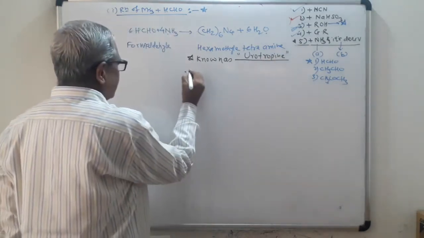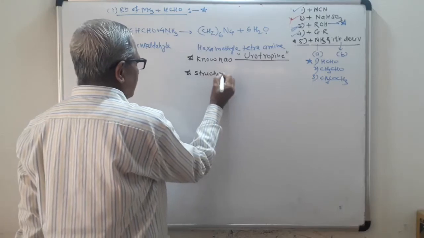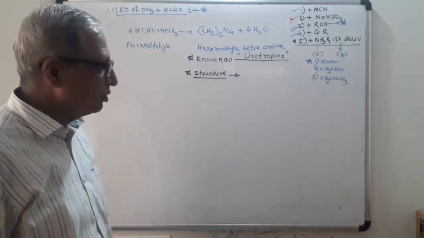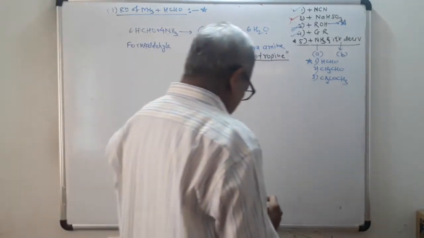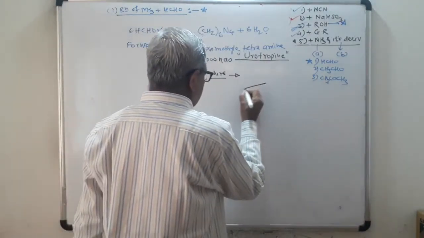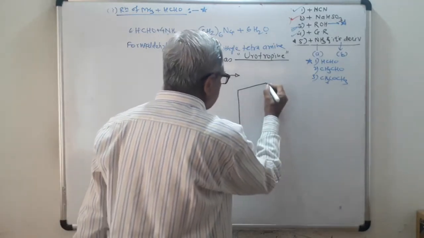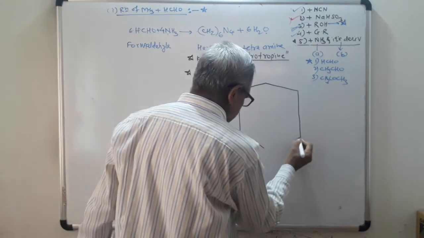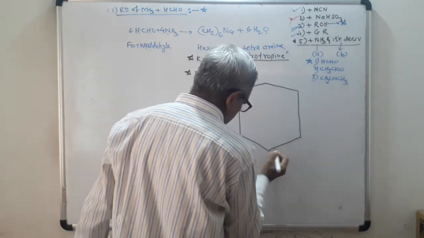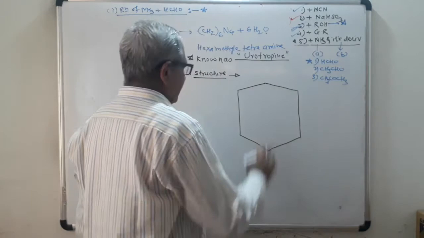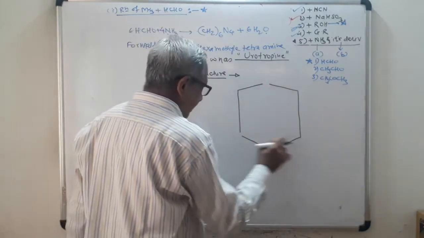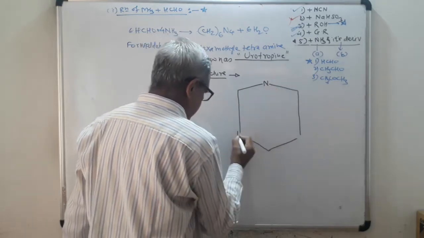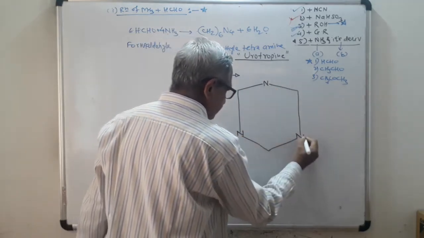Now second question, the structure of urotropine. So I will set the question on the structure of urotropine. See the structure of urotropine in detail. First draw the larger size 6-member ring. This is the first ring. Then show the alternate hydrogen atoms: first, second, third.